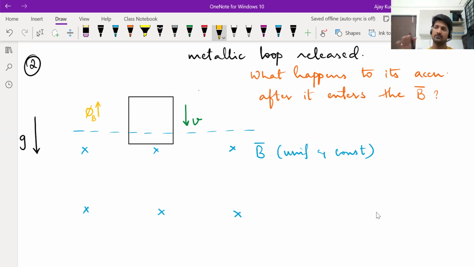So the induced EMF should create an outward magnetic field. And for the magnetic field to be produced in the outward direction, the induced current has to be anti-clockwise. Induced current will start flowing like this.